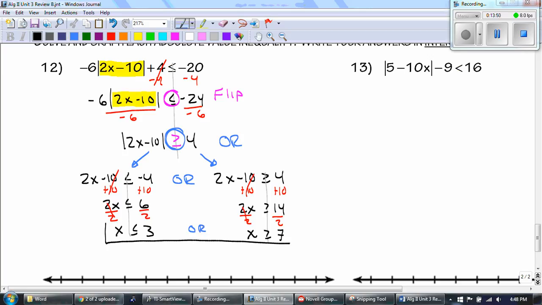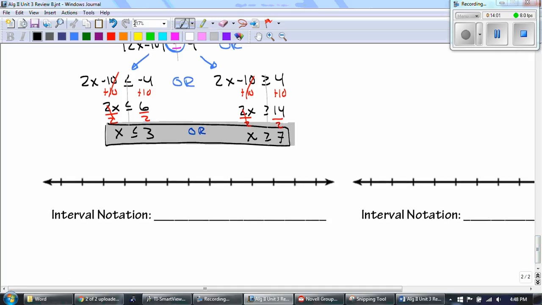Okay? There we go. There's my answer. Now I have to graph it. Okay? So as I'm graphing it, I'm going to put 0 here. There's 1, 2, 3, 4, 5, 6, 7, 8, 9, so on and so forth.